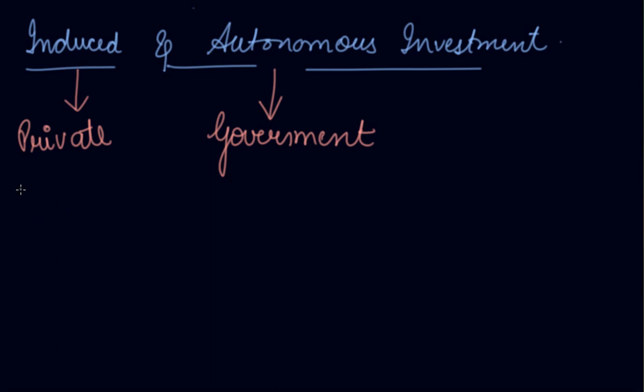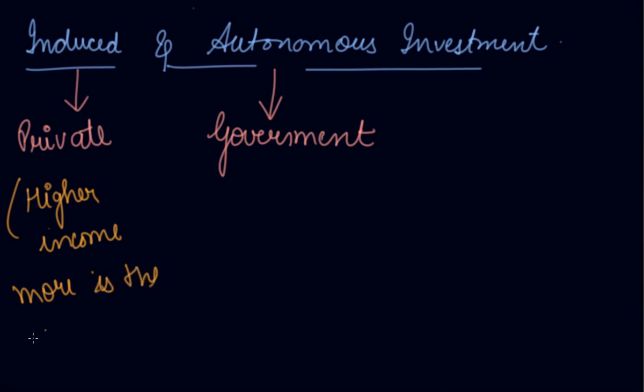See, your private investment means higher your income, more is investment. It is directly linked with income. If you have income, then only the private sector will invest. If they do not have good source of income, they won't be able to invest. So this fluctuating investment is your induced investment.